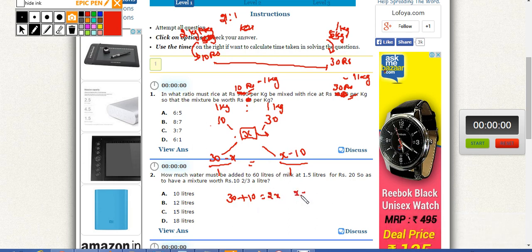So x equals 20 rupees. If you can see, I got the same answer that I got when I did it using the normal method, but for complicated questions, the alligation method will prove to be a boon for you.